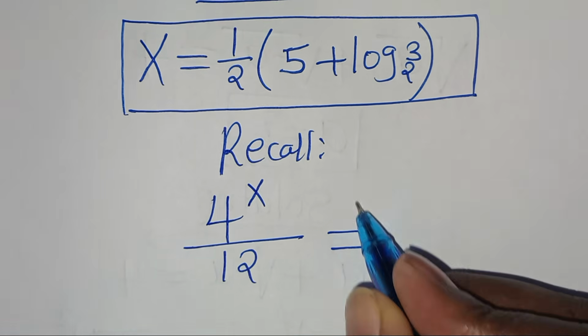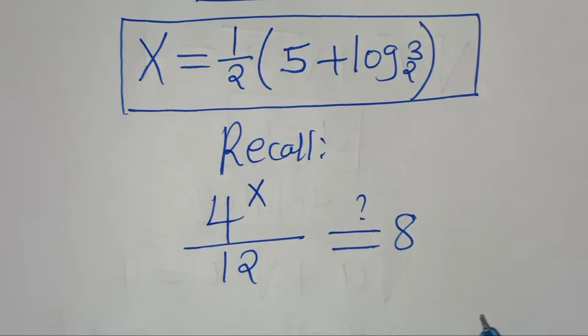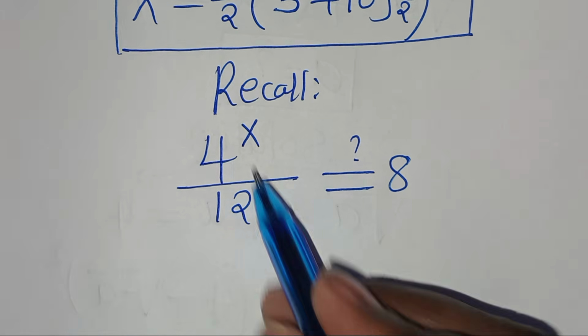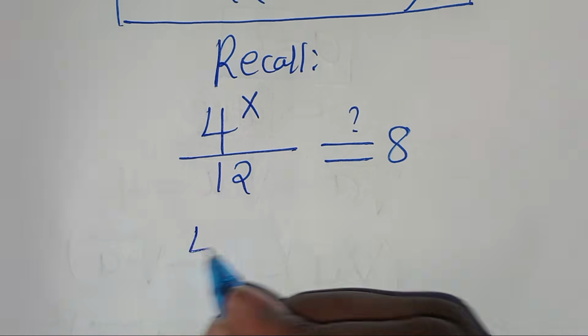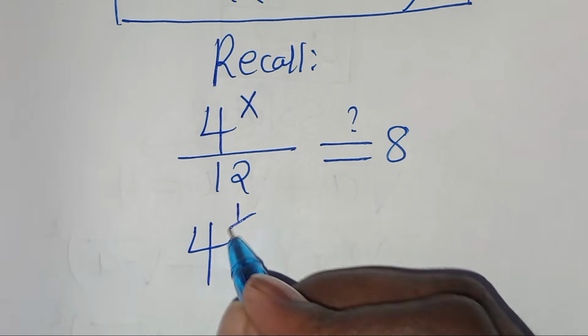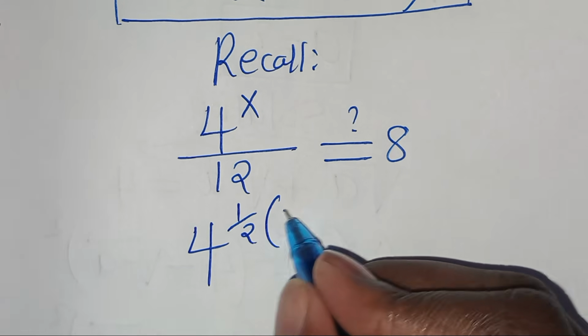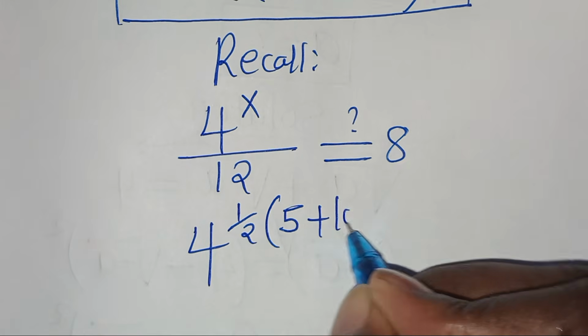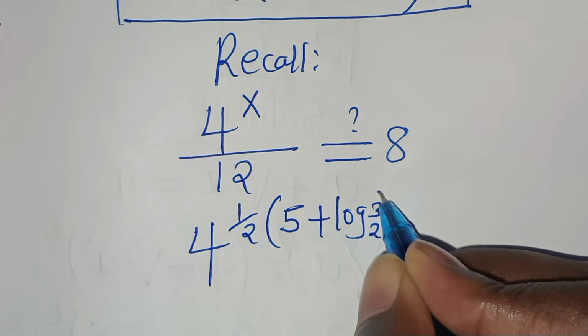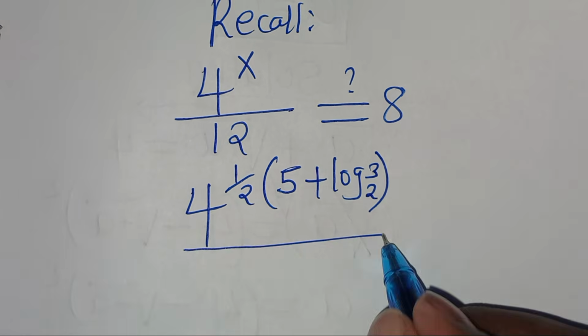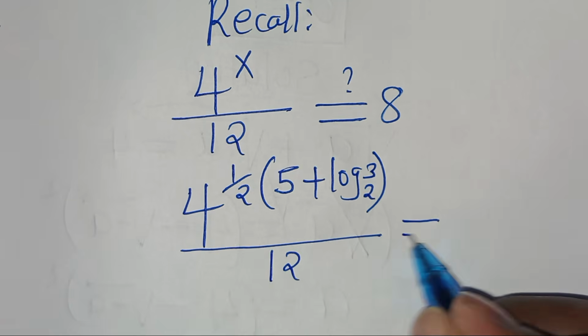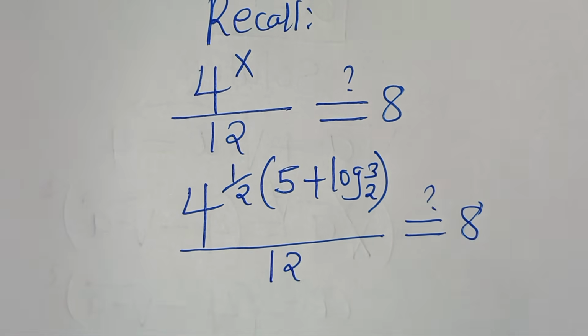This should give us a value of 8. So let's substitute the value of x, so that we have 4 to the power of a half into the parentheses 5 plus log 3 to base 2, then divided by 12. This should give us a value of 8.